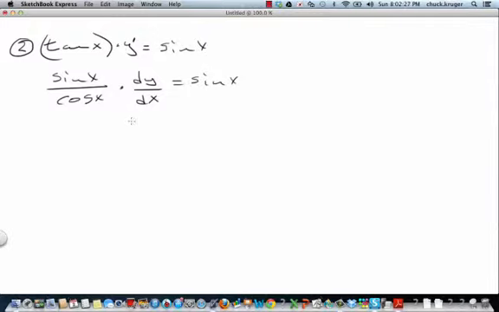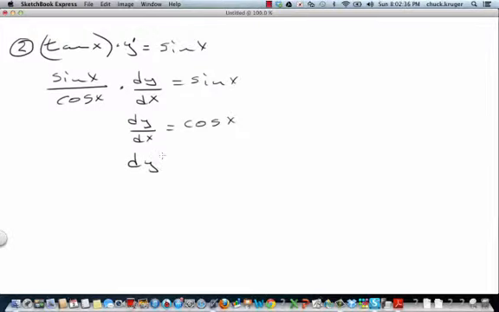Not y squared, right? y prime equals the sine of x. So I have the sine of x over the cosine of x times dy/dx equals the sine of x. So I multiply both sides by the reciprocal, and I get dy/dx is equal to the cosine of x.